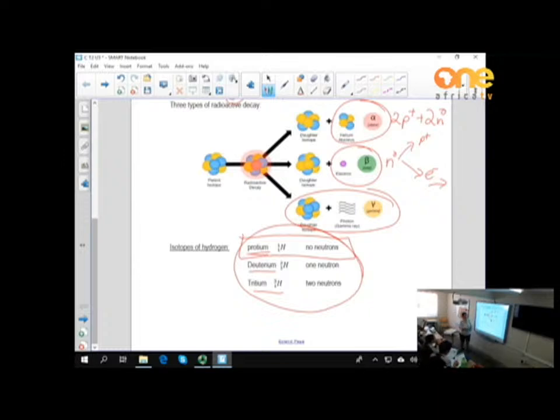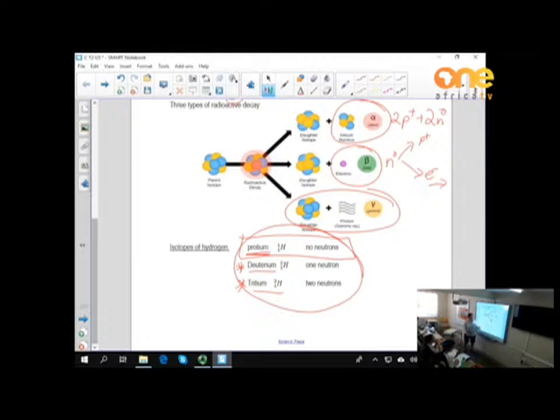And very few are these two. So when we add all the masses together and work out the average in the ratio in which the isotopes occur, we get a mass of 1.0079.